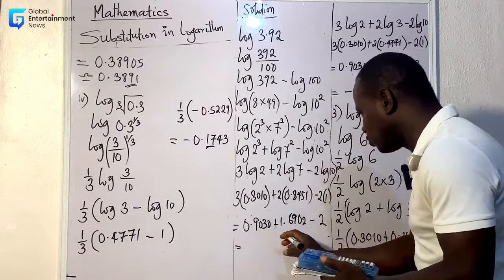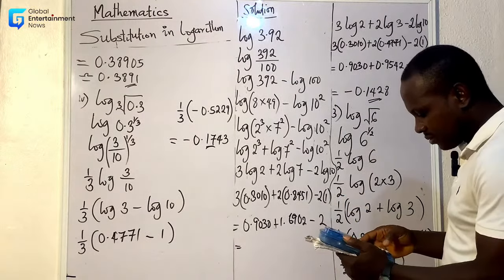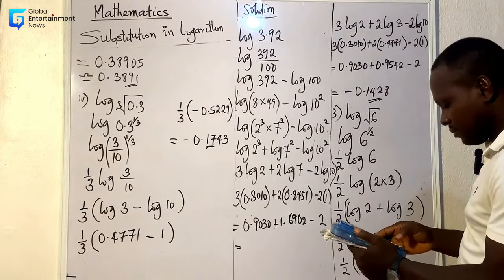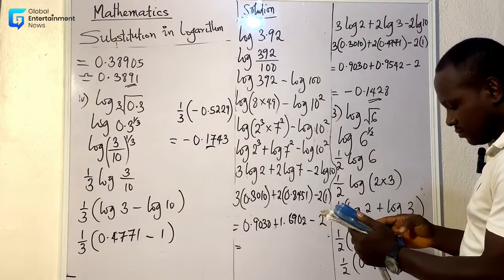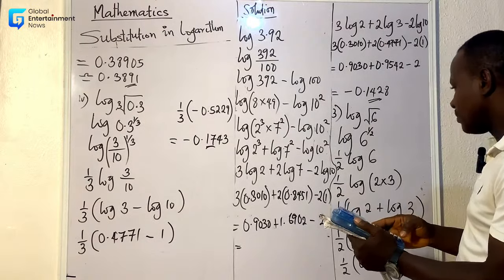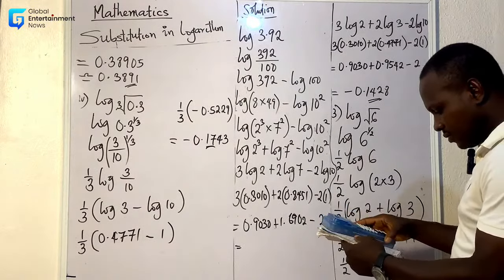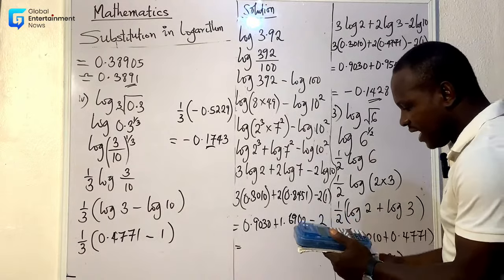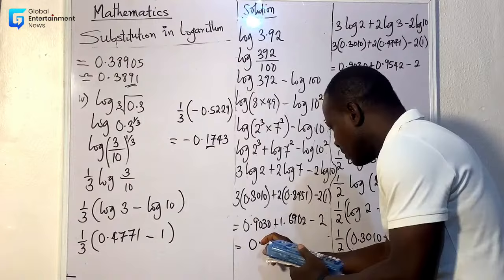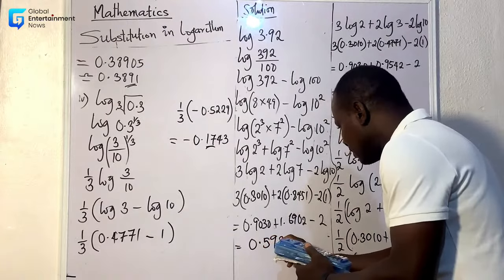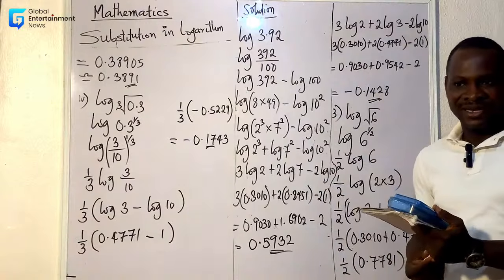Now let me sum this together: 0.9030 plus 1.6902, then minus 2. And my final answer here is 0.5932. And that is my final answer here.